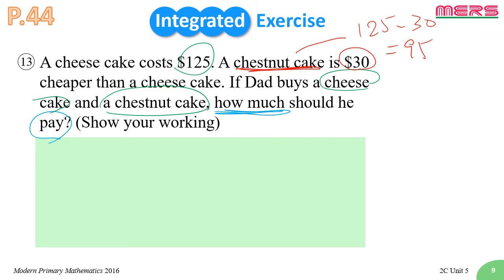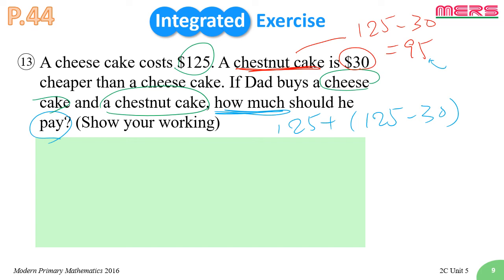Then how much should they pay? You find out the price for the cheesecake and also the chestnut cake, and you add these 2 numbers together. So it's 125 plus 125 minus 30. Don't write the 95 here because you skip 1 step.